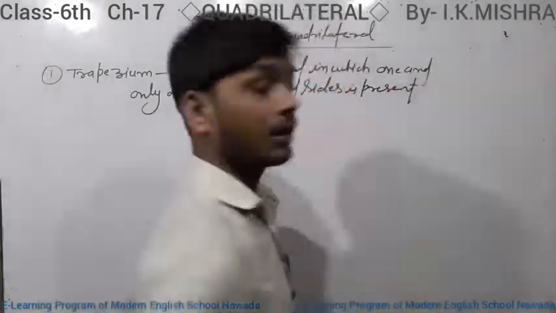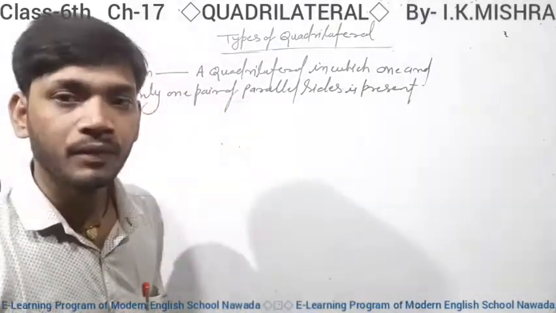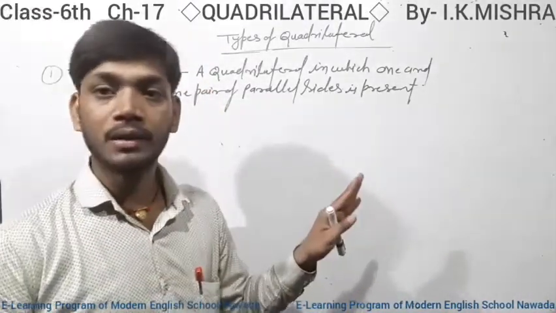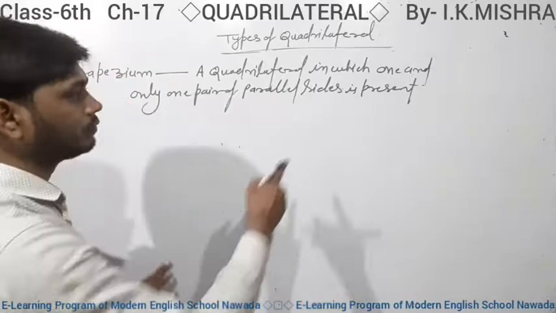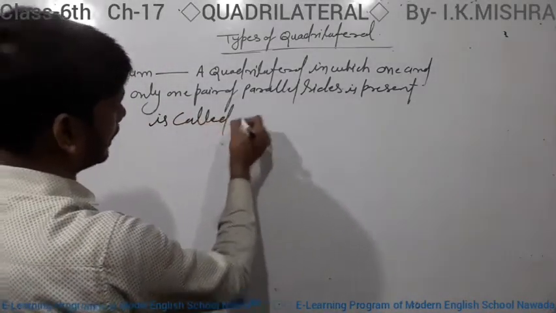That means a quadrilateral having one and only one pair of parallel sides is known as a trapezium.